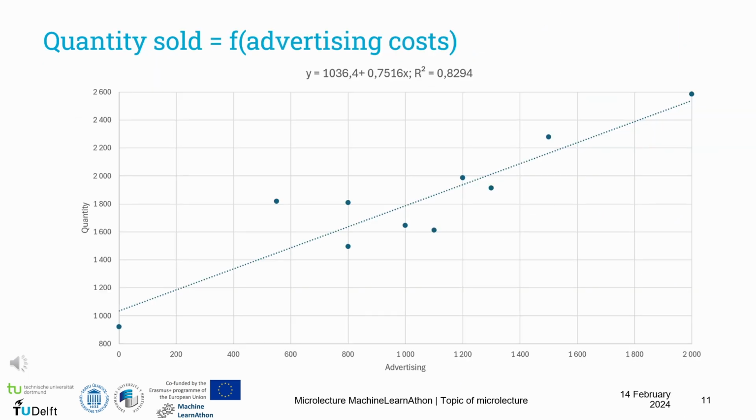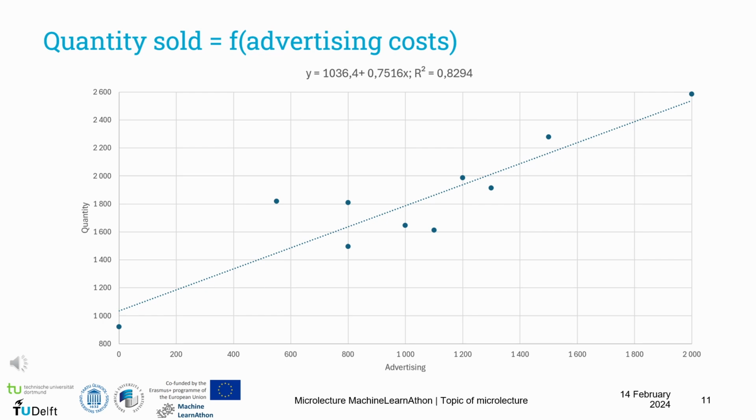causation. This scatter plot displays the relationship between advertising cost and quantity sold. The trend line represents our linear regression model with its equation shown above. According to the model, each additional unit spent on advertising is associated with an estimated increase of approximately 0.75 unit in sales.